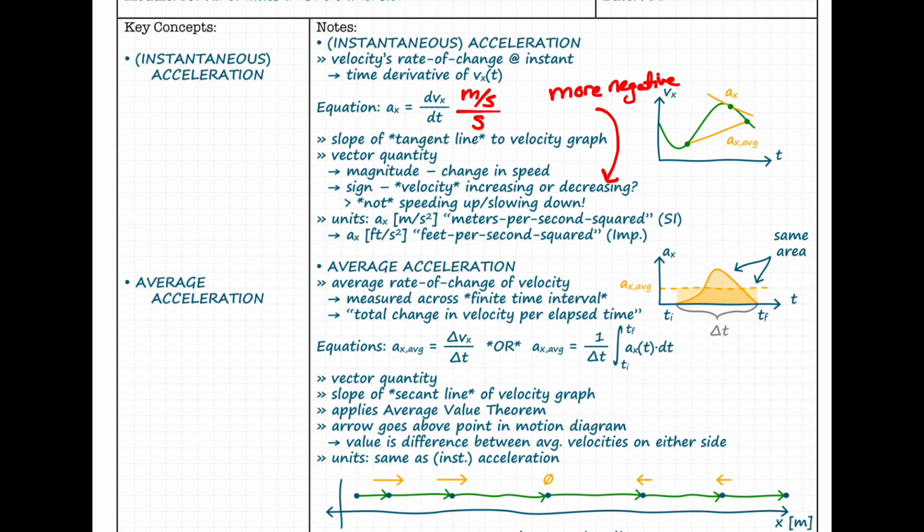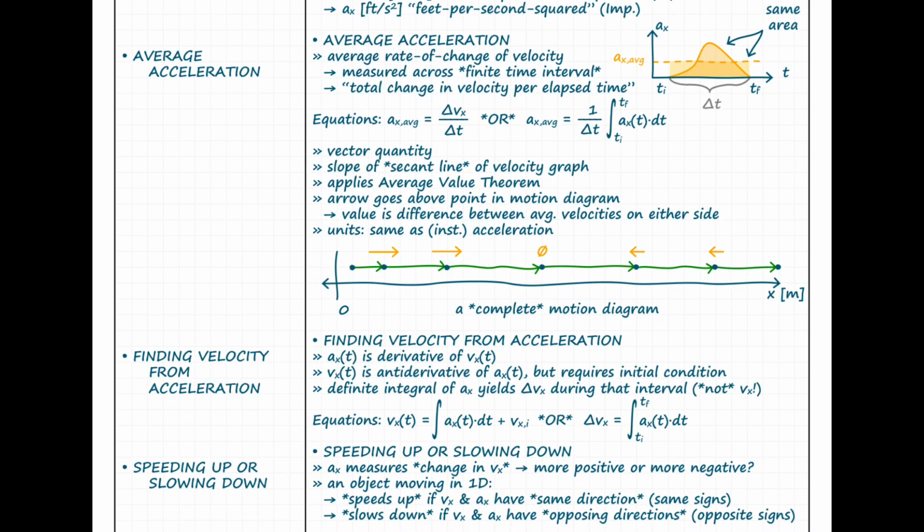When we put all this together, we can include our acceleration in our motion diagram that we talked about at the very beginning. We have our coordinate axis, our coordinate system that is allowing us to describe the position.